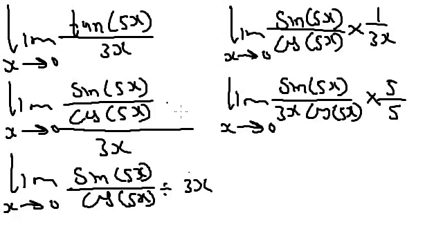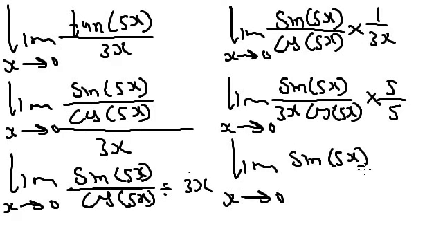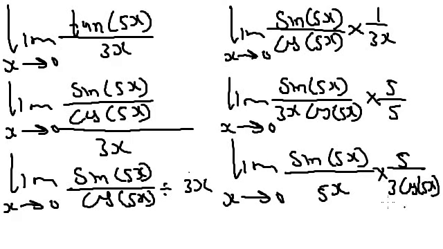Then we can have the limit as x approaches 0 of sine 5x divided by 5x multiplied by, at the numerator we still have 5. Now the denominator will be left with 3 cos 5x. Okay, now notice that 5 divided by 3 is a constant.